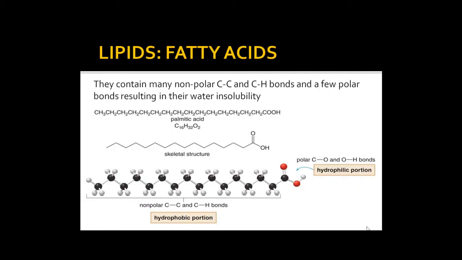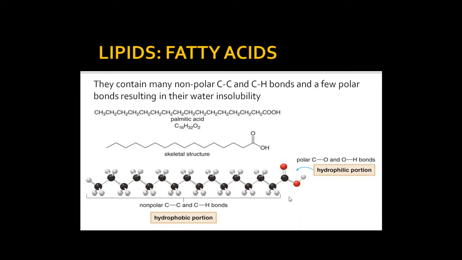Talking about fatty acids, they contain mainly non-polar carbon-carbon and carbon-hydrogen bonds. As shown over here, the black-colored balls are carbons and the white-colored balls are hydrogens. So there are many carbon-carbon, carbon-hydrogen bonds which are all non-polar, that means hydrophobic.